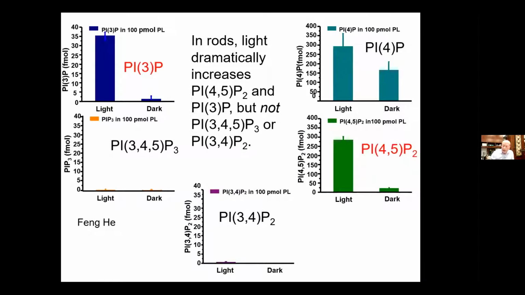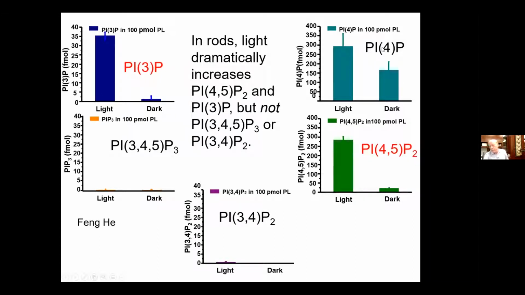And while we were doing it, we threw in the other binding domains as well and did all of the assays. And what we found, to our surprise, was that my hypothesis about PIP2 hydrolysis in the light was completely wrong. And in fact, there is a dramatic increase in the levels of PIP2 in the light, and an even more dramatic increase in the levels of PI3P.